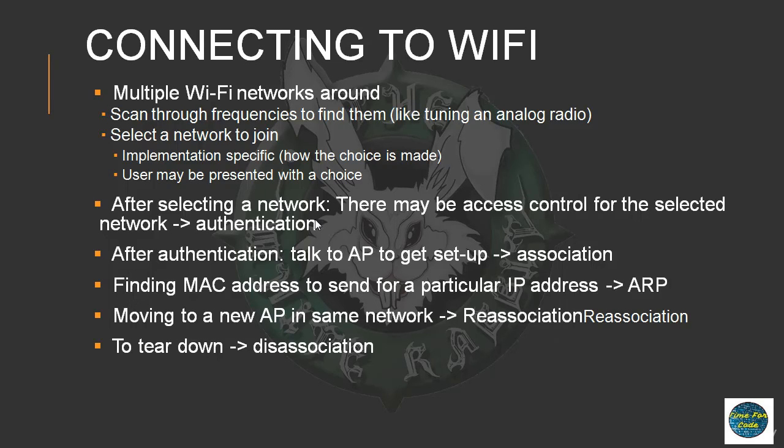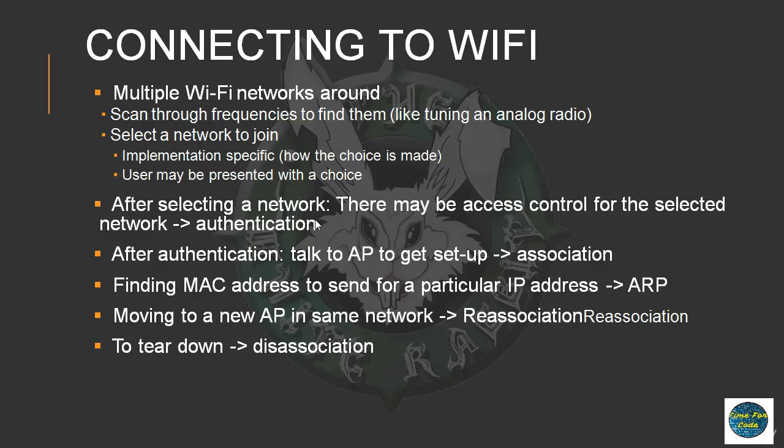So then let's say you want to get IP packets to and from devices, then something needs to be done, and ARP is the solution, address resolution protocol. ARP we might already know from just wired LANs. It also can and does happen on Wi-Fi networks. So similarly, you need to have this mapping between IP address and MAC address that you transmit to.